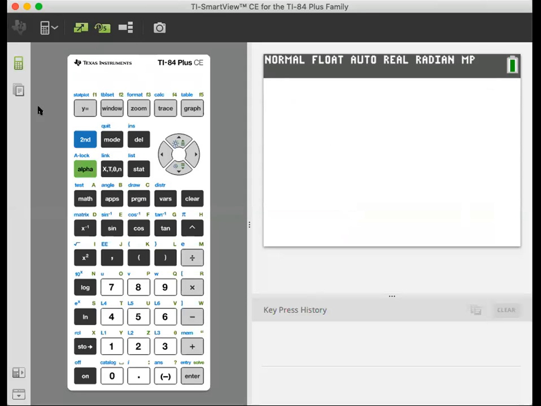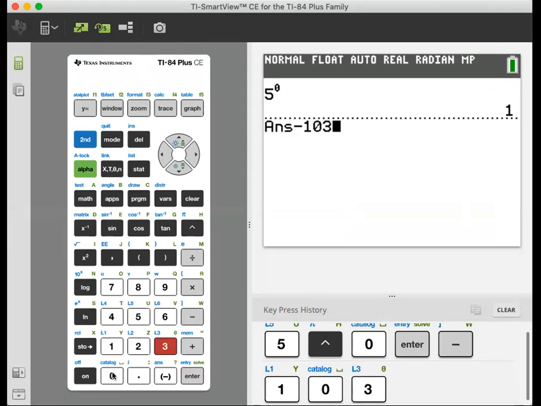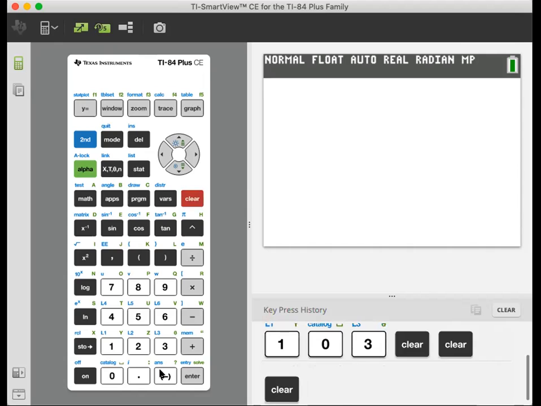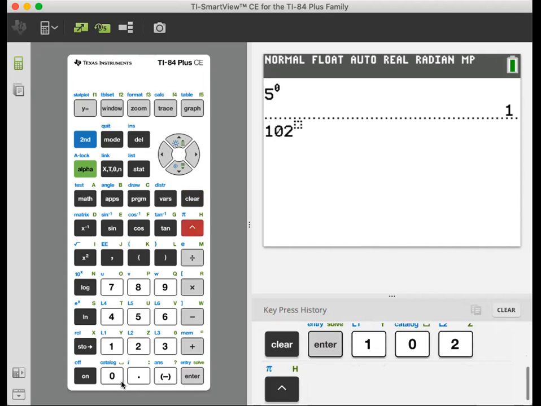If I go to my handy dandy trusty calculator and I type in any number raised to the 0 power, so 5 raised to the 0 power, you're going to notice that it gives you 1. And if I do it with really anything, if I do negative 102 and I raise that to the 0 power, surprise, surprise, we get 1.